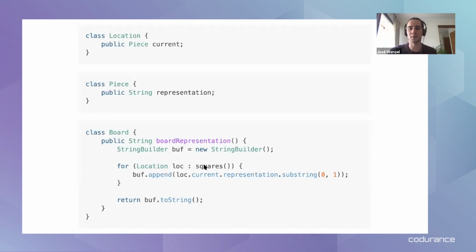However, this board representation method over here is awful. It's just terrible. Look at how many dots it has. It accesses a location, then its current piece, then the piece's representation, and then it performs an action on that piece's representation. So this is far from one dot per line.